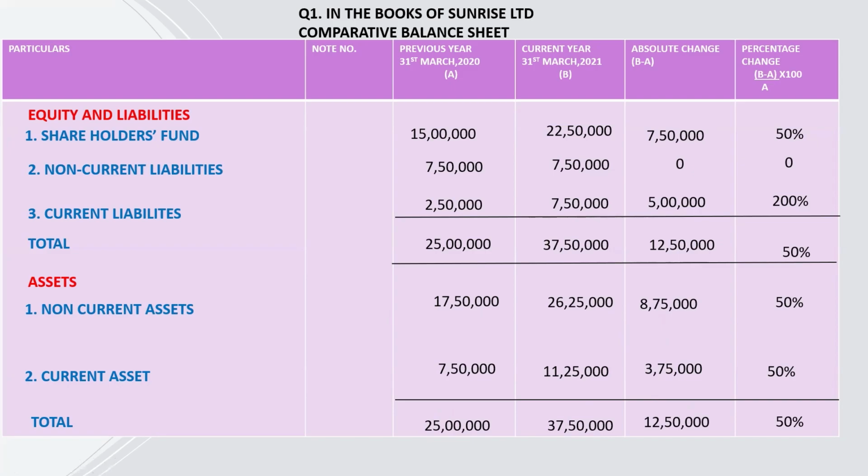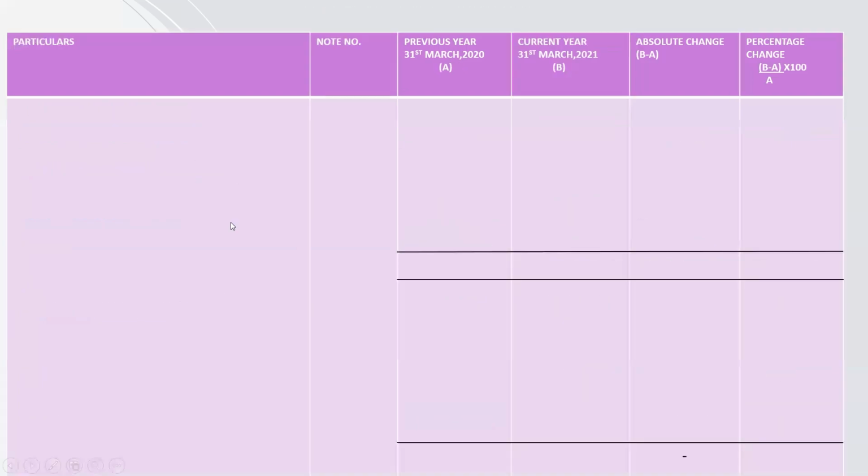In this question, we were not given the format of balance sheet, so we drew it. So it is very important that you also learn the format of balance sheet so as to draw comparative balance sheet. In the next question, question number 2, it's very easy. You are already given the format of balance sheet, so we only have to calculate the values under these two columns.